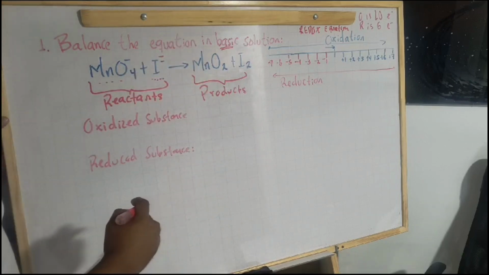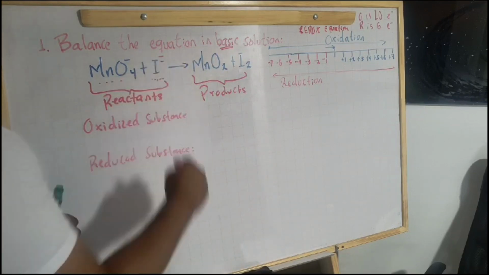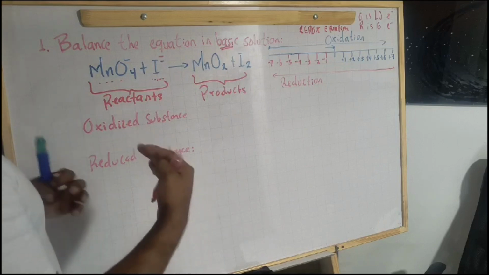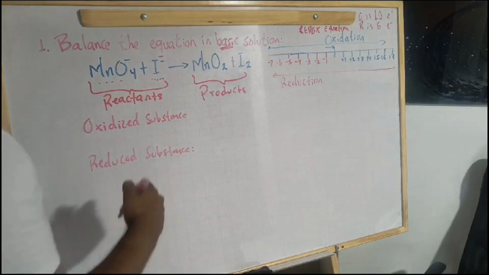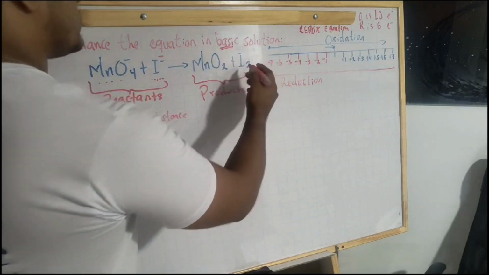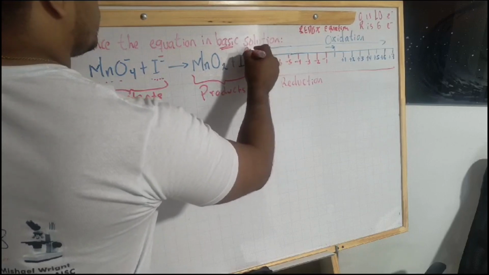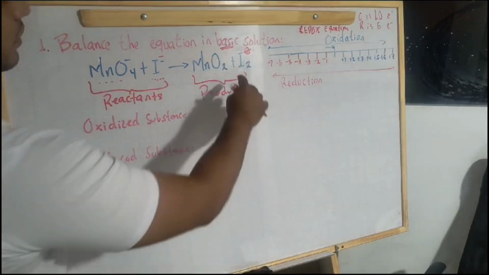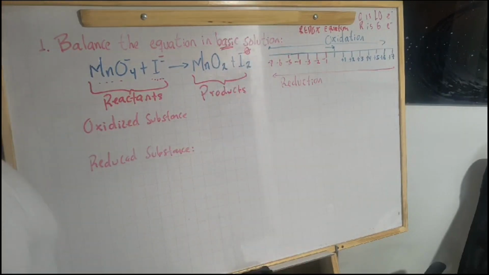By the way, as it is an ion, I will use its ionic charge to determine its oxidation number. In this case, it's minus 1. Remember that for pure substances, the oxidation number is 0. So this is a pure substance because we only have one element participating in the molecule.